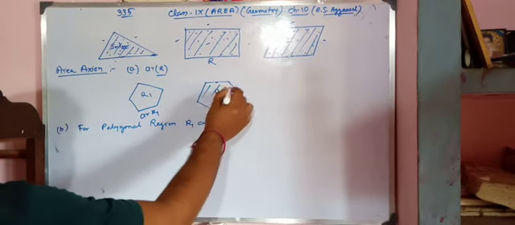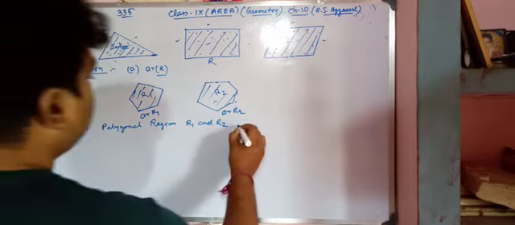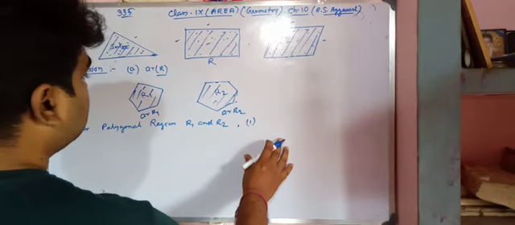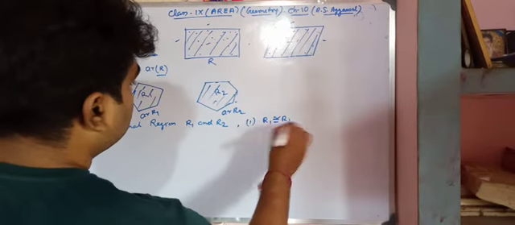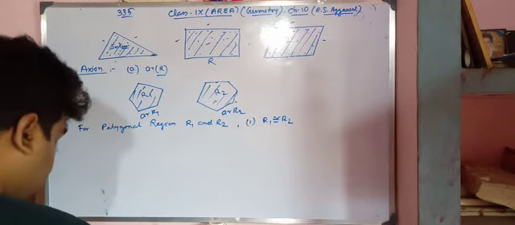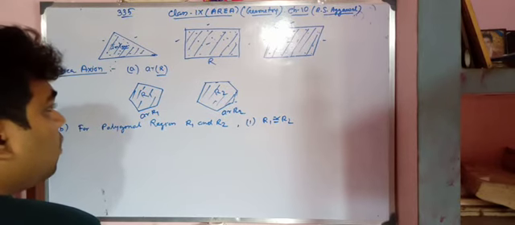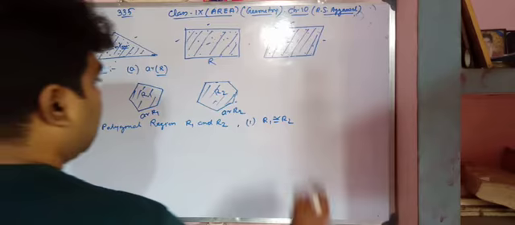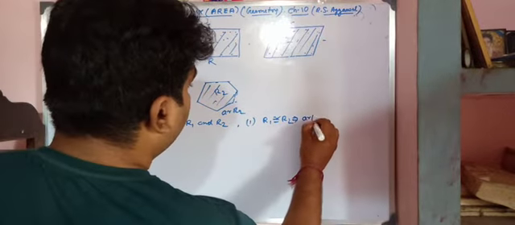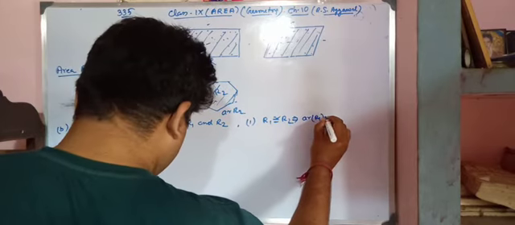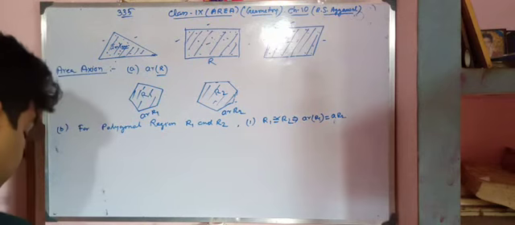If we set it out, first, if R1 may be equal to R2, this implies area of R1 equals area of R2.